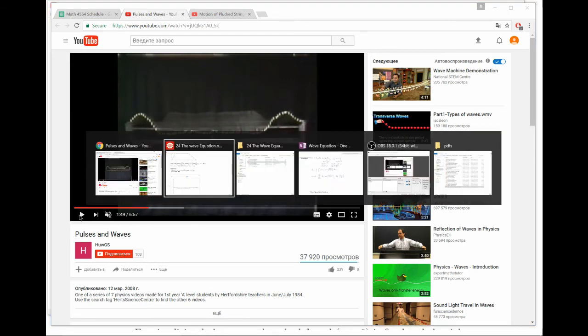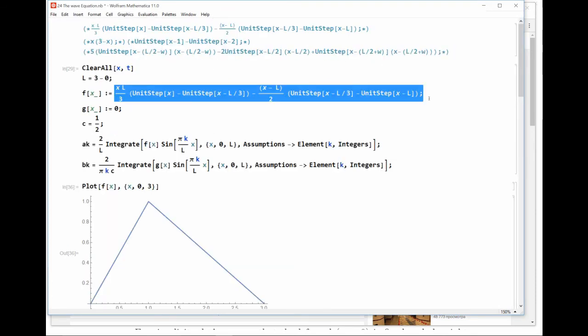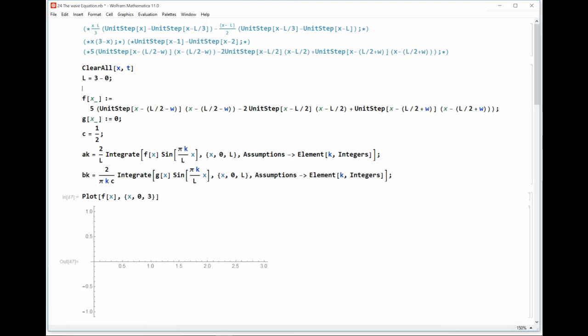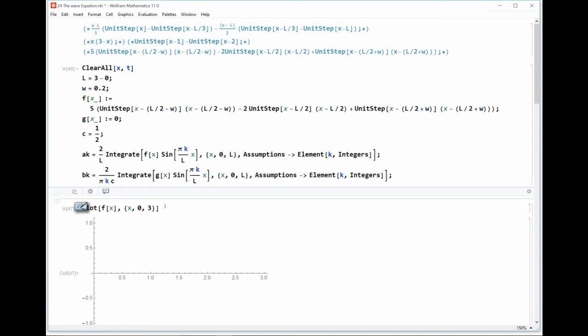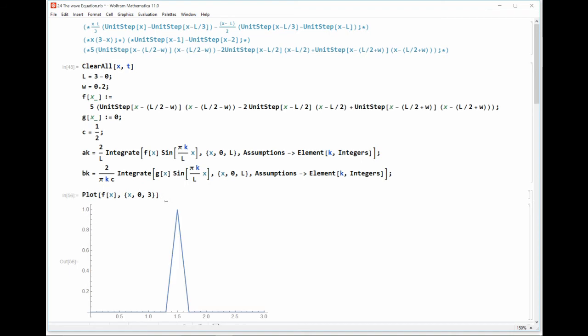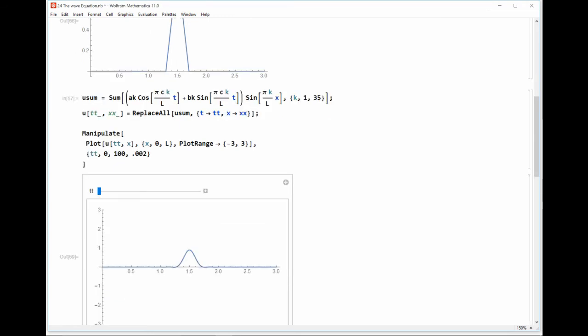Well, to look at this, I've created yet another function. This function has a width parameter which specifies the width of this little bump that I introduce in my string. So if I start with a little bump, then this is what happens with my waves.